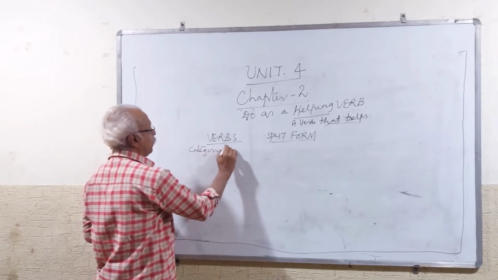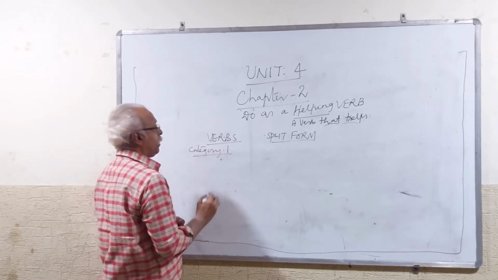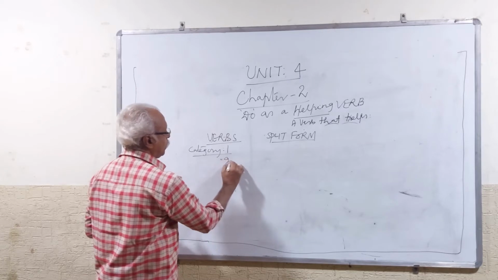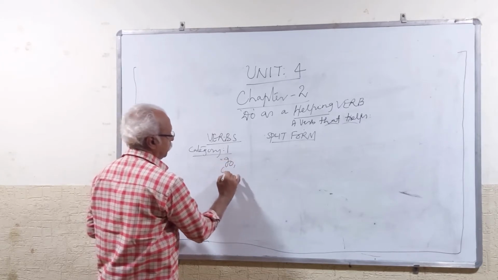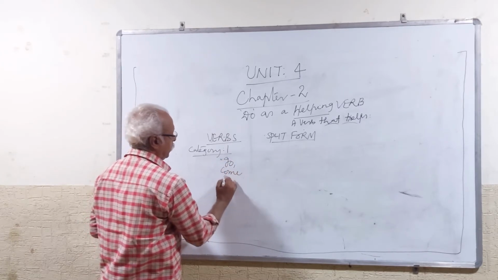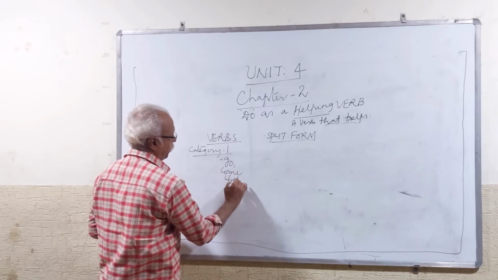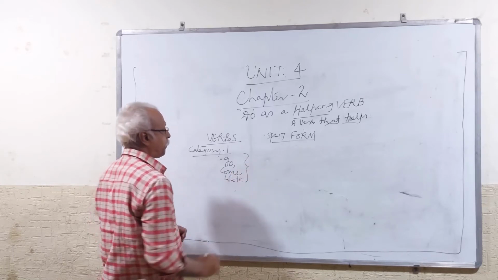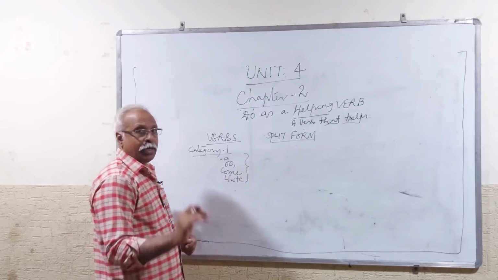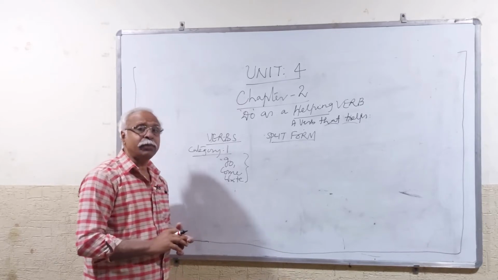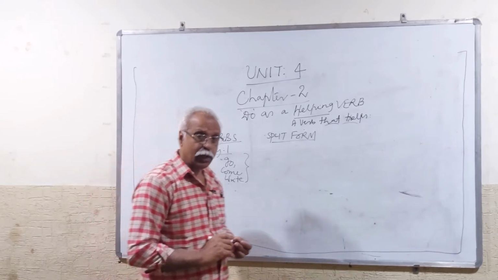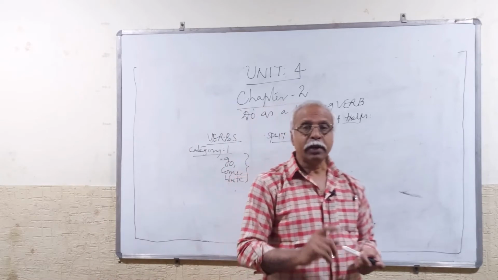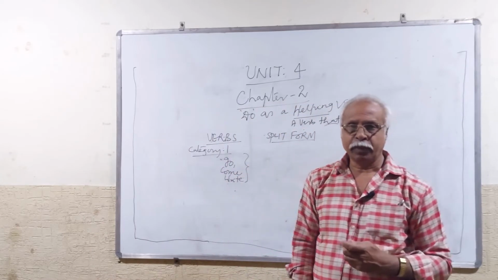Under this category 1 verbs: go, come, write. If you find what these go, come and write are, tell me. They are present tense verbs. They are infinitives otherwise.